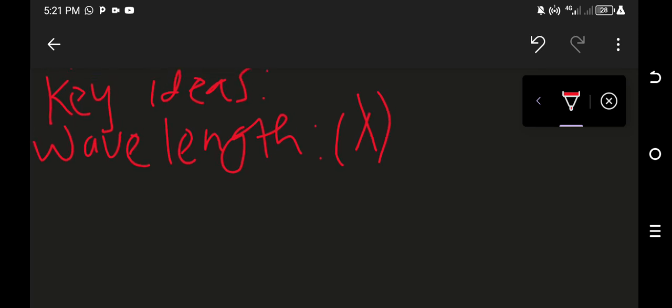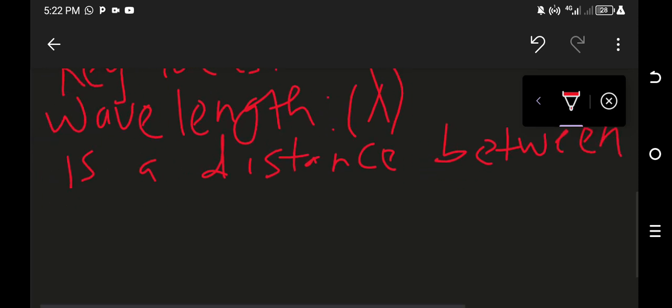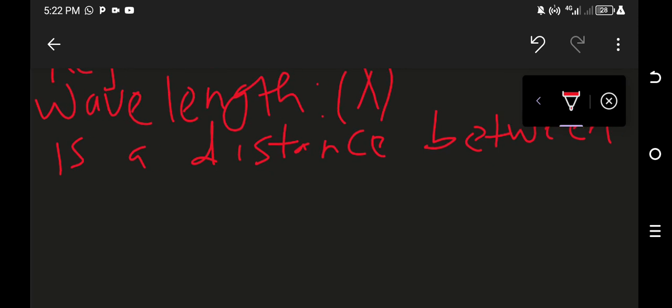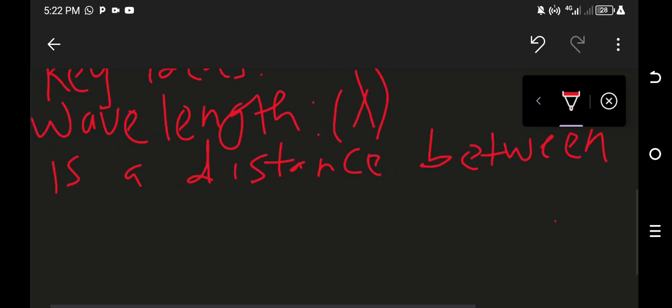Wavelength is a distance between two successive peaks.